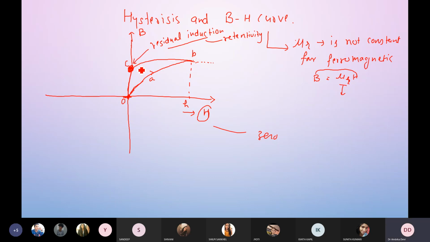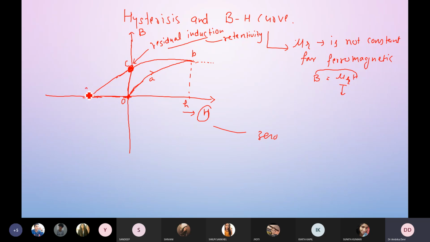Now, when the magnetic field H is reversed, the magnetic flux density B falls and becomes zero. If you further decrease the magnetic field intensity and take it to the negative side, then the flux density will start decreasing and becomes zero at this point.